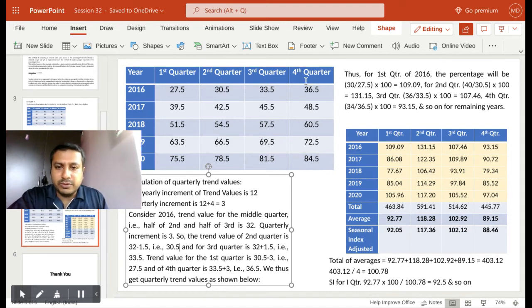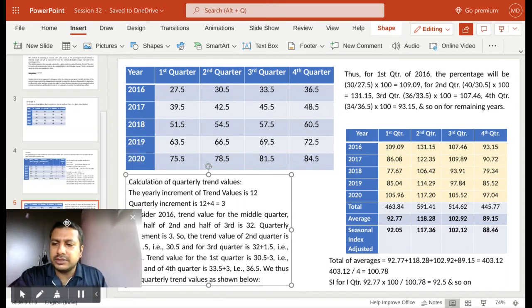From here to the fourth quarter the difference is 3. Just add 3 for this value: 33.5 plus 3 is 36.5. Here deduct 3: 30.5 minus 3 is 27.5.